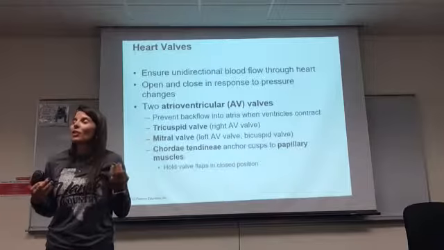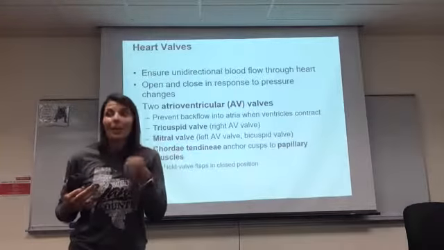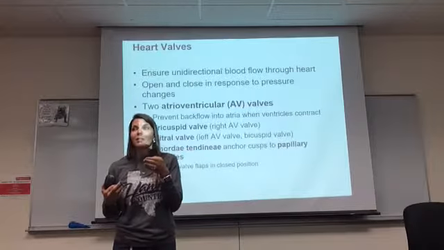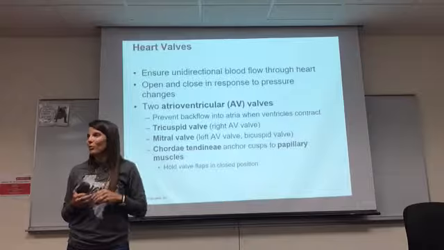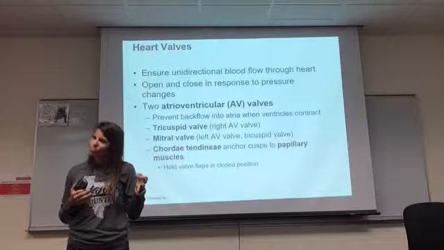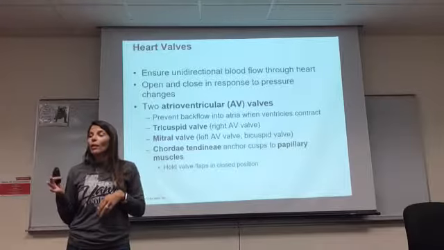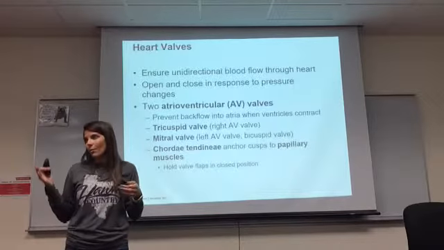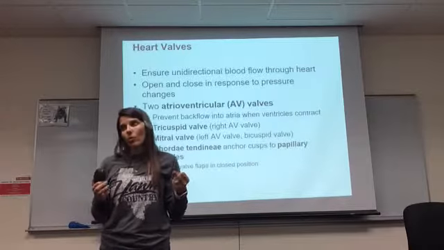Because the left is called the left AV valve, the bicuspid, and why the bicuspid? It's just got 2 cusps. It's also called the mitral valve. So it's got 3 names, and the right has 2. So right AV and tricuspid, left AV, bicuspid, or mitral valve.